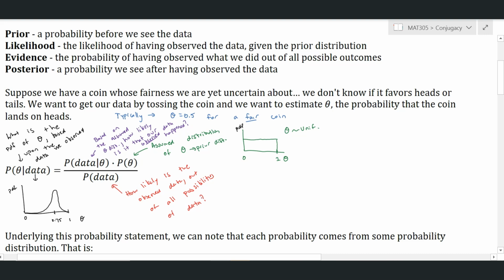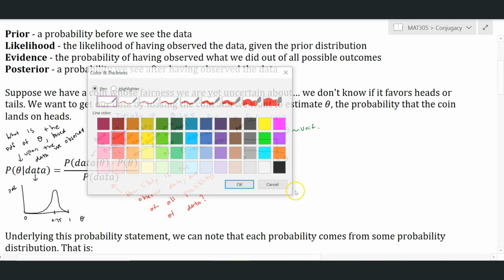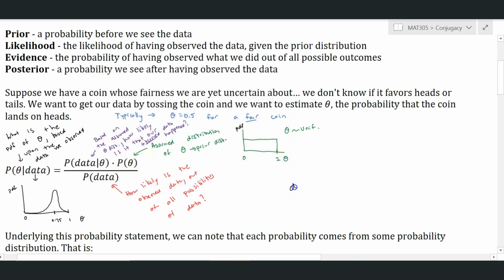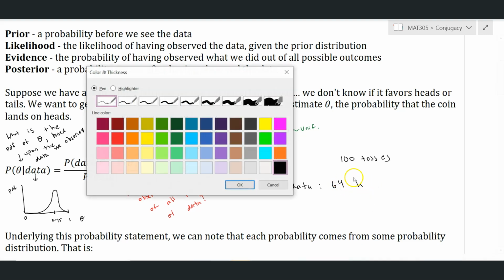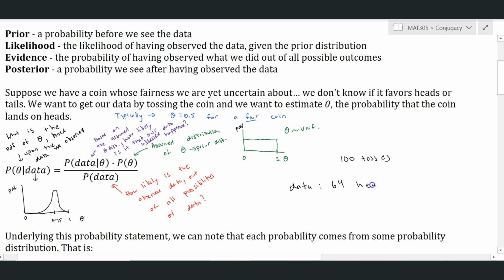And what do we mean by data? In terms of the coin toss, the data could be that we toss the coin 100 times, and maybe the data that we get is that perhaps we get 64 heads. For example, that might be the data that we observe.